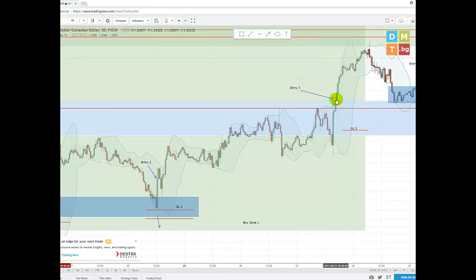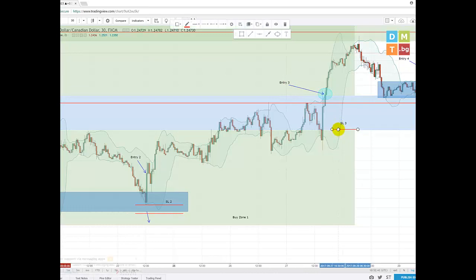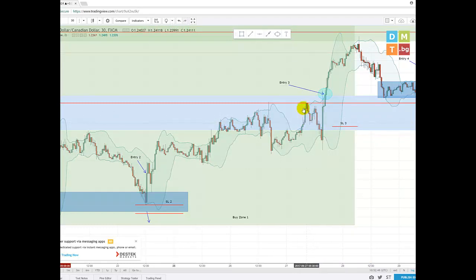So that would have been our third entry, and I would place my stop loss either below or a little bit inside below those lows the price made here, right here.